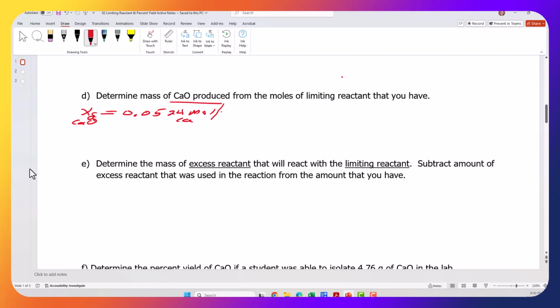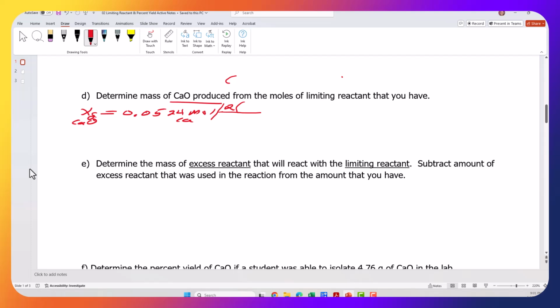And so here's all I actually have to do. All I have to do is multiply by the coefficient of calcium oxide, because to get the 0.0524, I've already divided by the coefficient of calcium. So this is just going to be 2 times the molar mass of calcium oxide. Let's go ahead and figure that out.